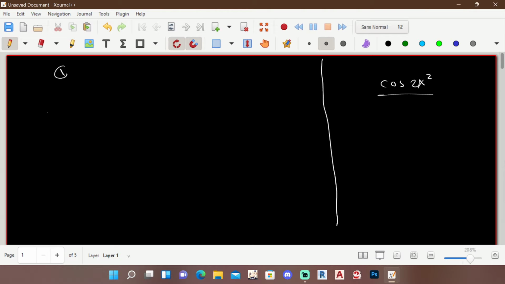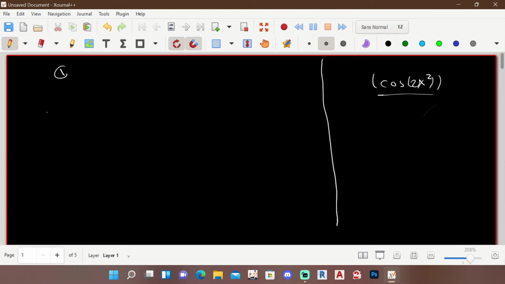When we want to find the derivative, we need to find the derivative of the outer function first and then the inner function. The outer function is the whole thing, and then the inner function is this one. So first we find the, and this is an example, this is not the functions that I'm gonna do right now, but it's just an example so you can follow.